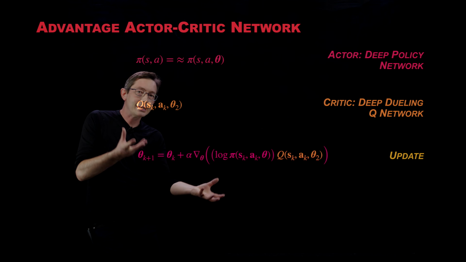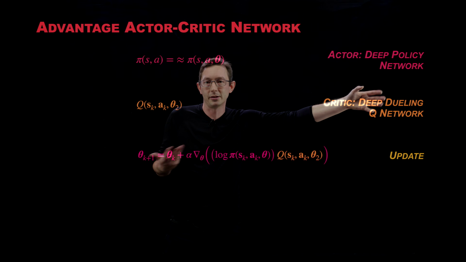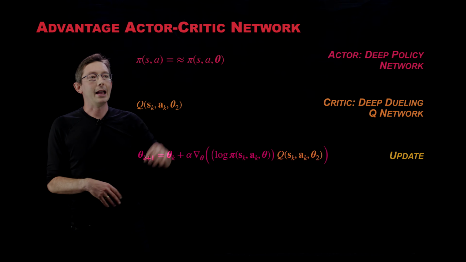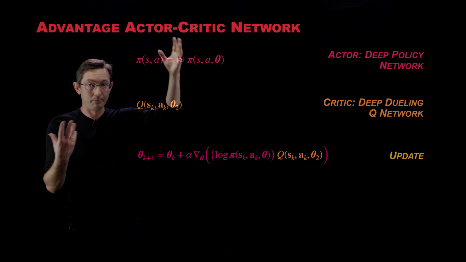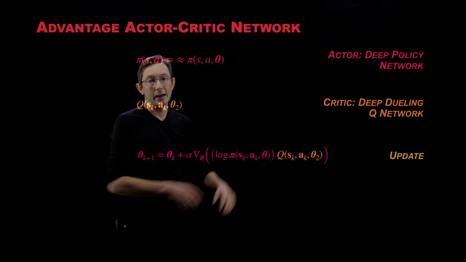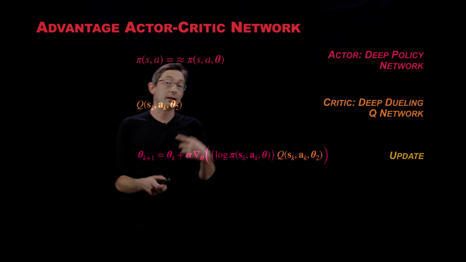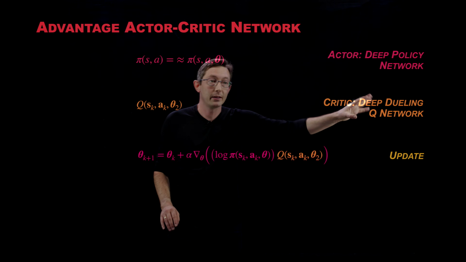You can mix the best of a value-based formulation, and really Q networks are value-based, and policy-based optimization. So you optimize the policy using value-based information. This is different than Q-learning, which is purely value-based.